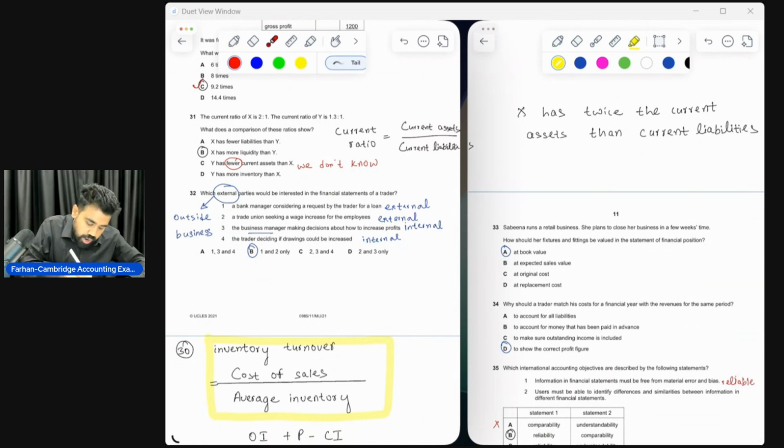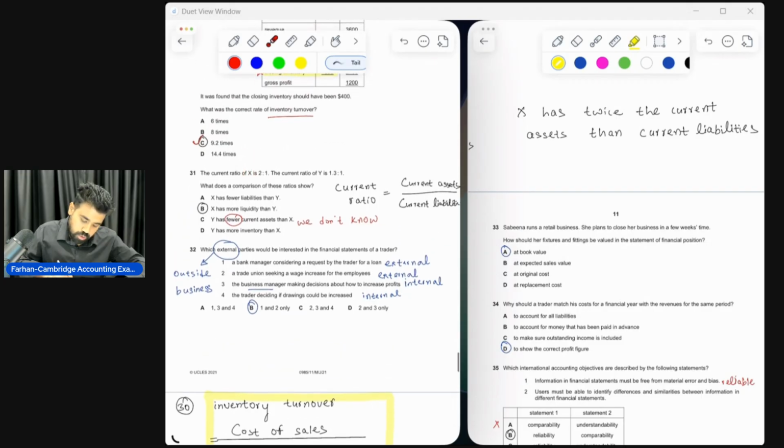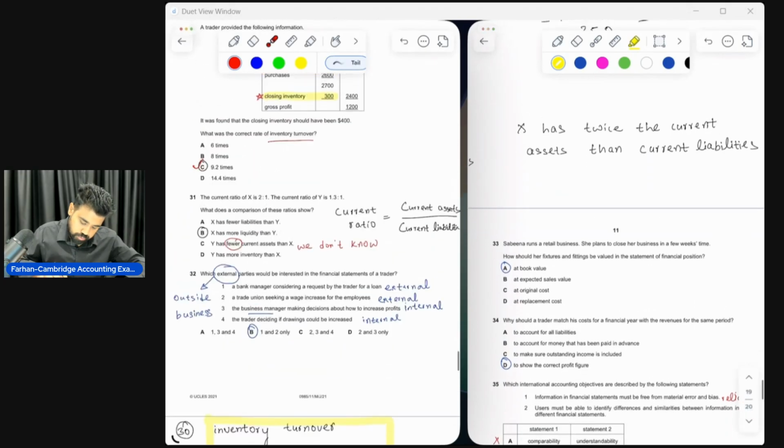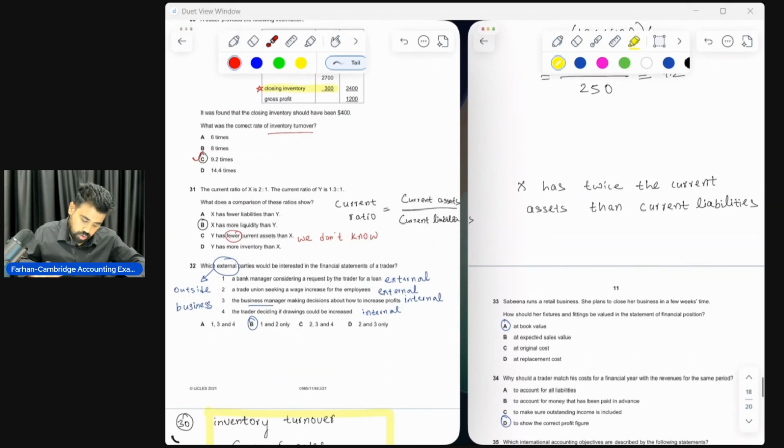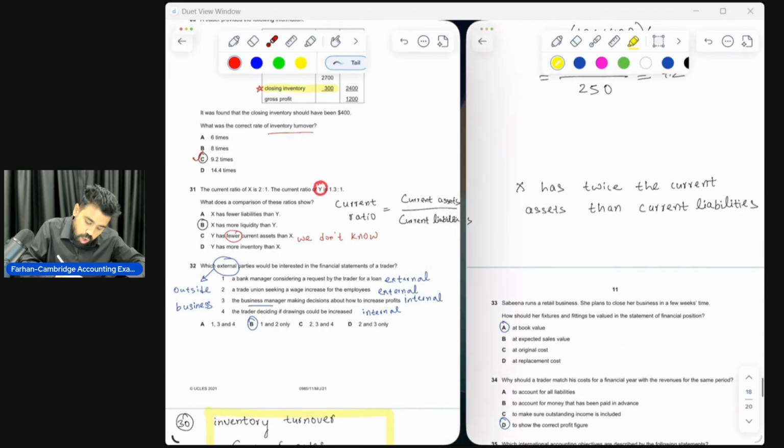The current ratio of X is 2 to 1, and the current ratio of Y is 1.3 to 1. What does the comparison of these ratios show? Now, current ratio is calculated as current assets divided by current liabilities.